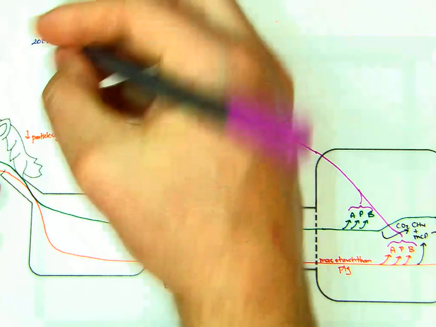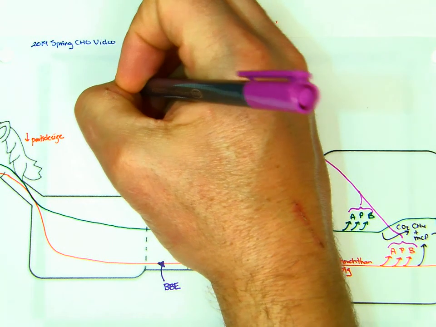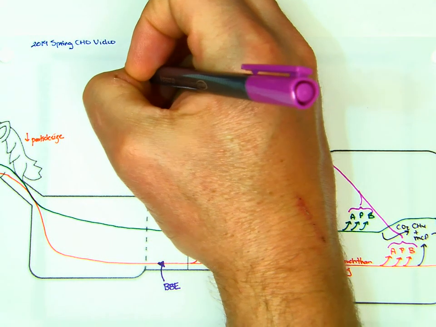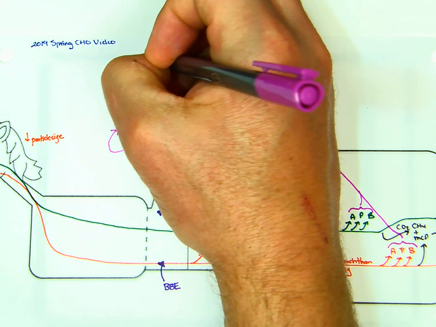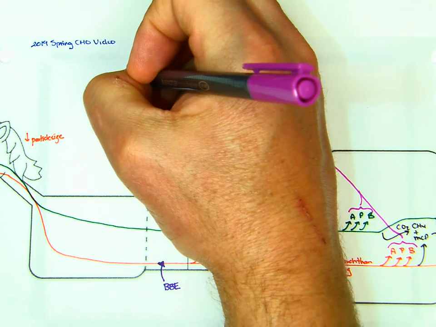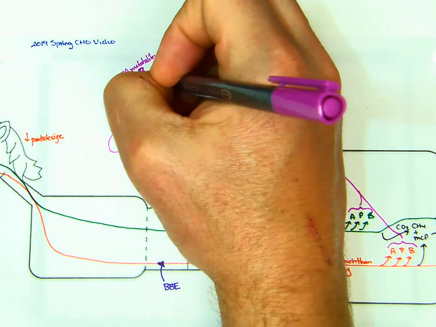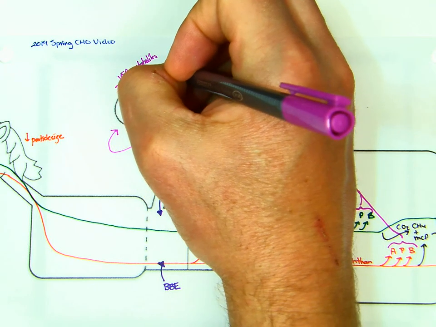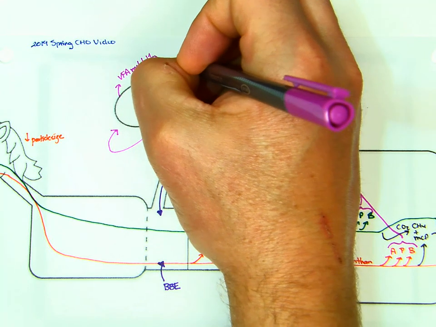Okay, in the liver, we can release VFA metabolites from acetate and propionate, butyrate, and from propionate we'll release glucose.